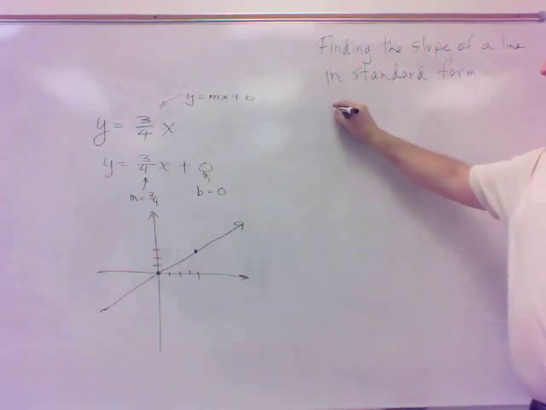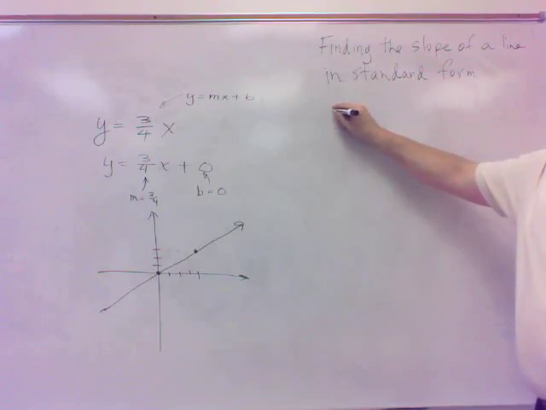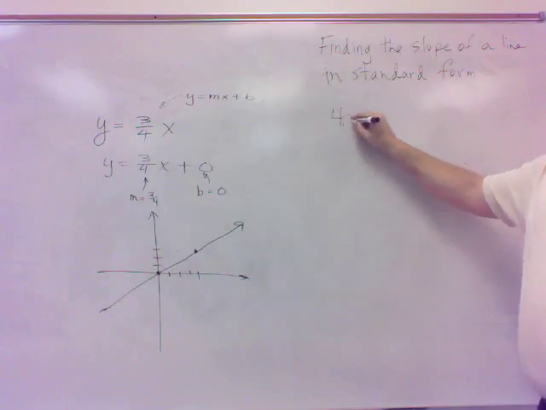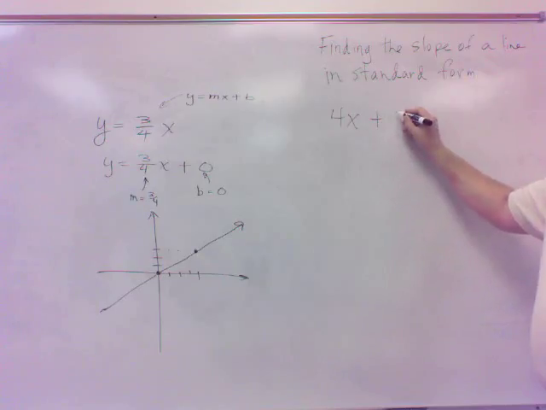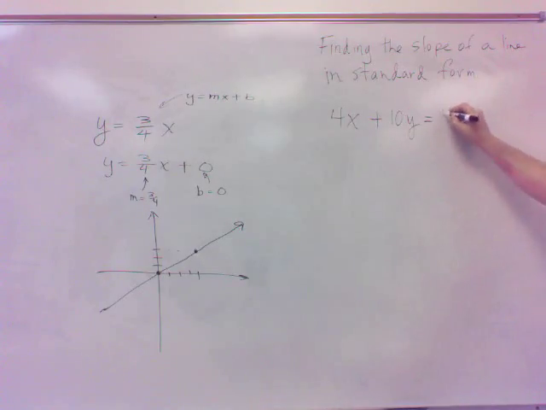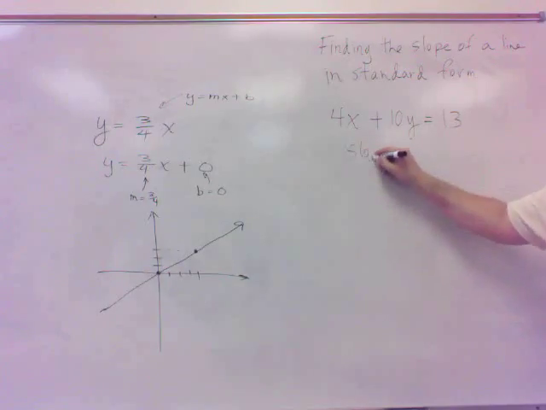If I have, let's just make it 4x plus 10y equals 13. 4x plus 10y equals 13. I'm interested in the slope of this line.